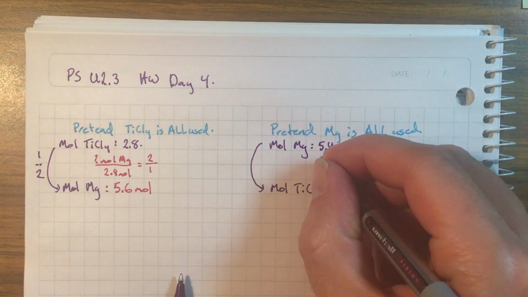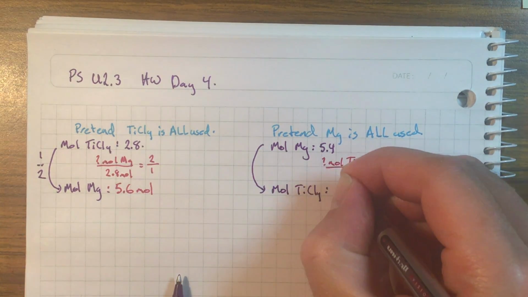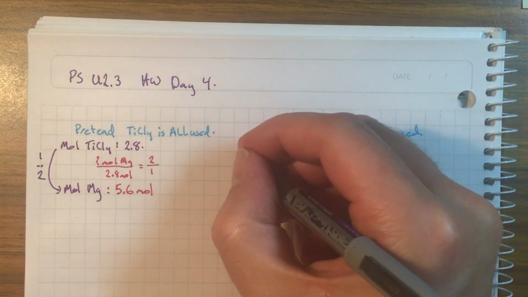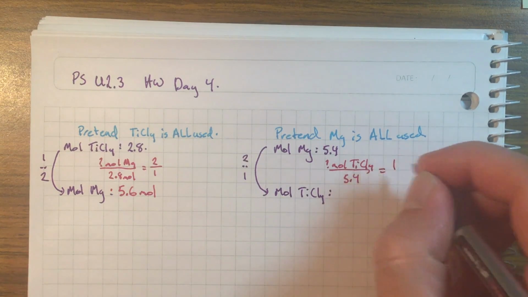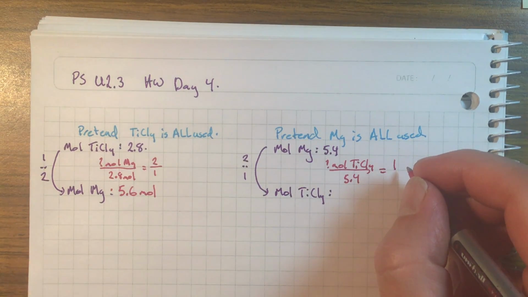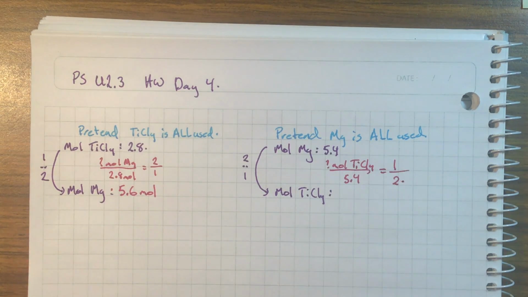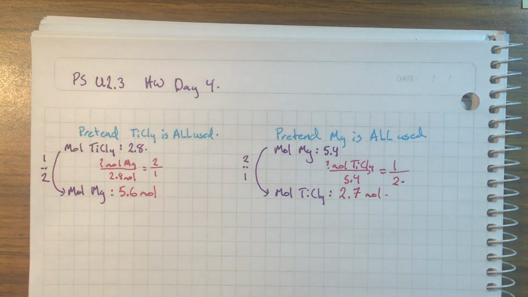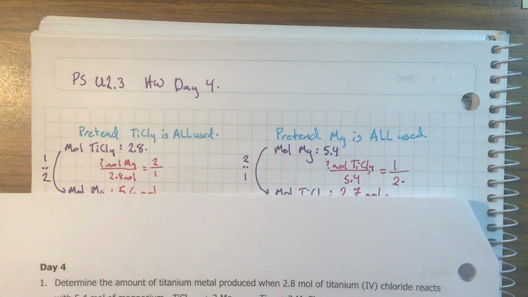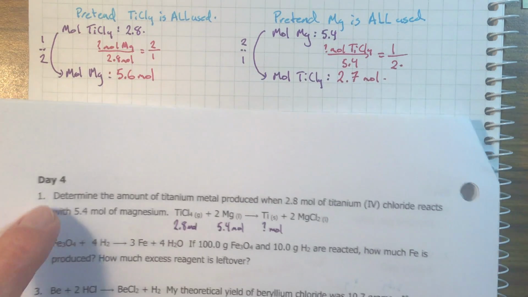So it's just going to be how many moles of TiCl4 for 5.4. And this one here is a 2 to 1 ratio. If we have 1 mole of TiCl4 for every 2 moles of Mg, 5.4 times 1 divided by 2 is 2.7. Okay, now going back to here, let's see what we actually have.